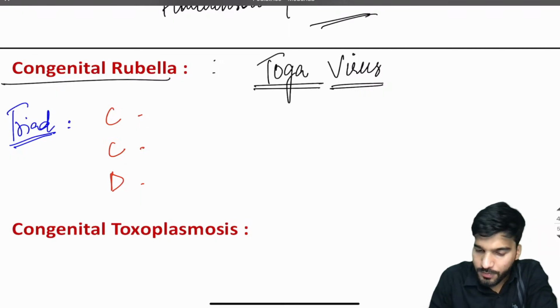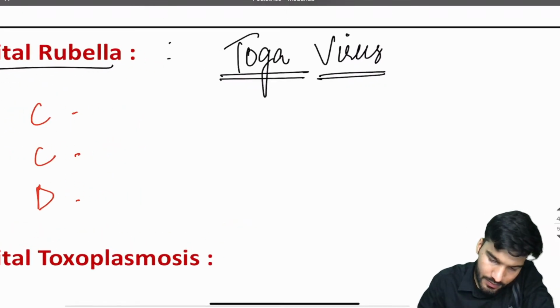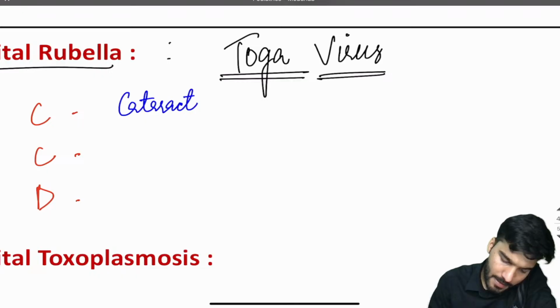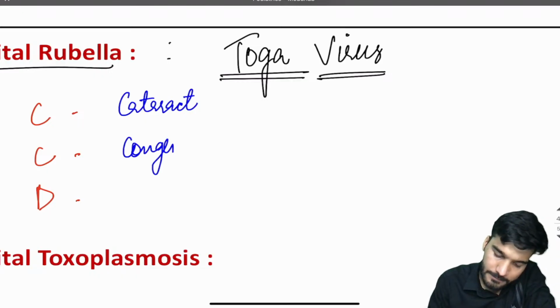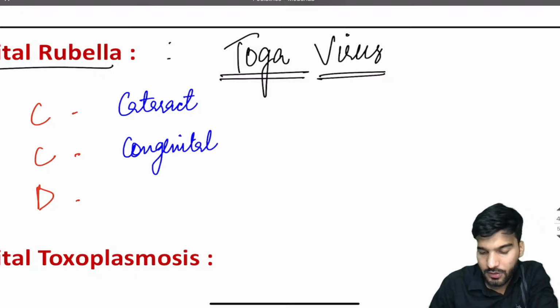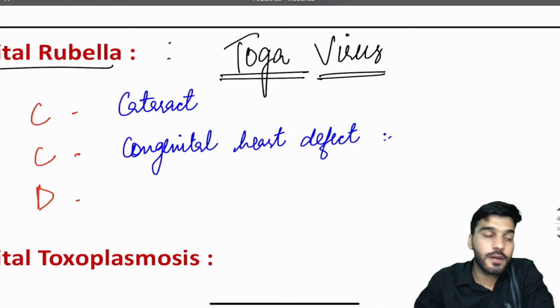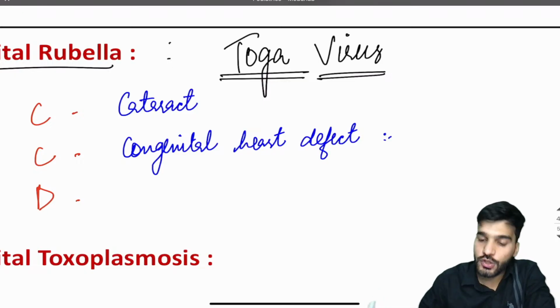C is cataract. C, congenital heart defect. Which congenital heart defect is the most common associated with congenital rubella syndrome?